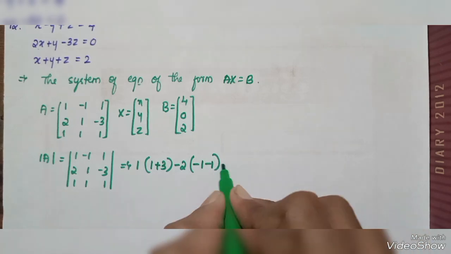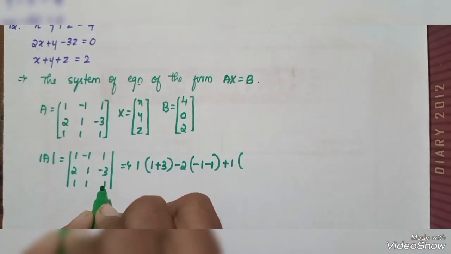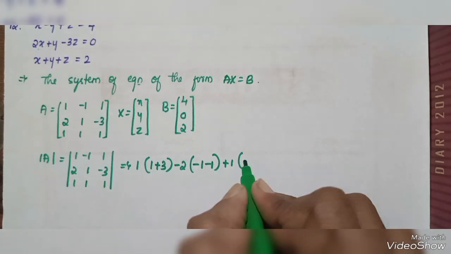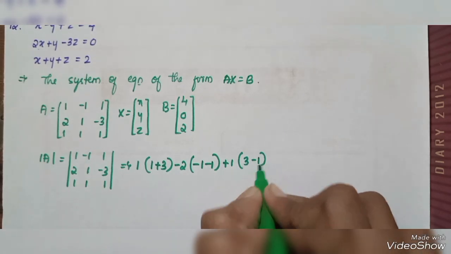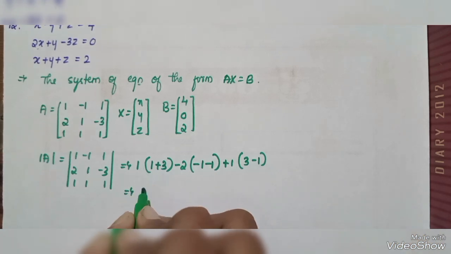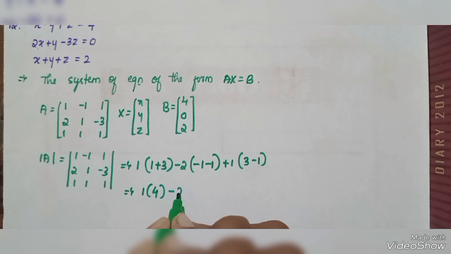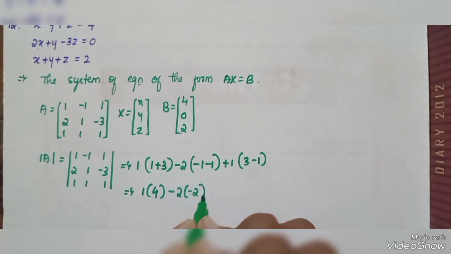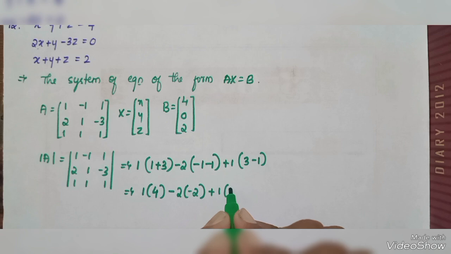Okay, again plus 1 into, neglecting this row and column, minus 1 into minus 3, it becomes plus 3, 1 into 1 minus 1.